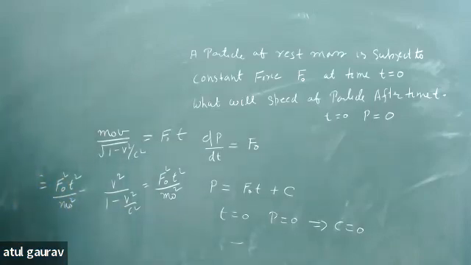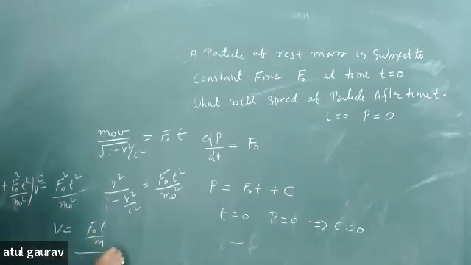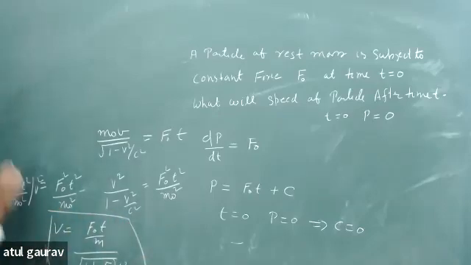So what will happen? 1 plus f naught square t square upon m naught square c square into v square. And from here you can easily calculate the value of v. That value is f naught t upon m naught by root under 1 plus f naught square t square upon m naught square c square. So this is your velocity v.